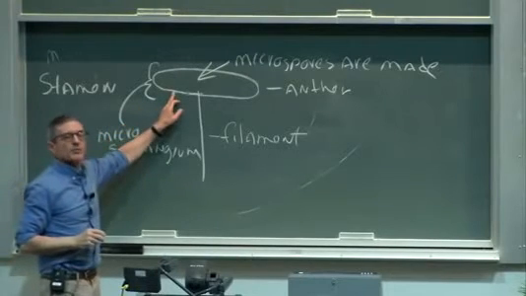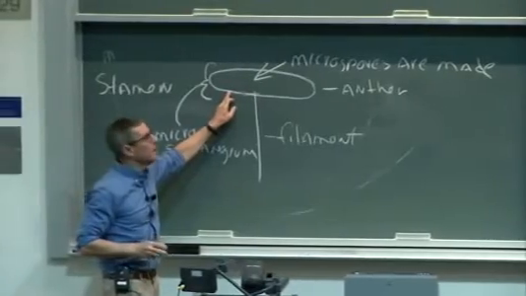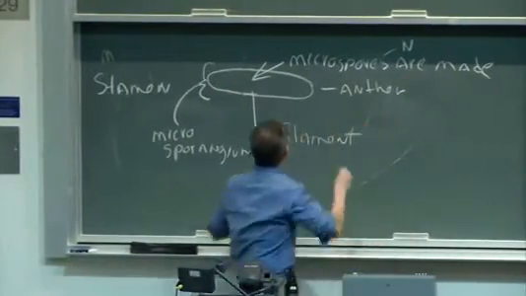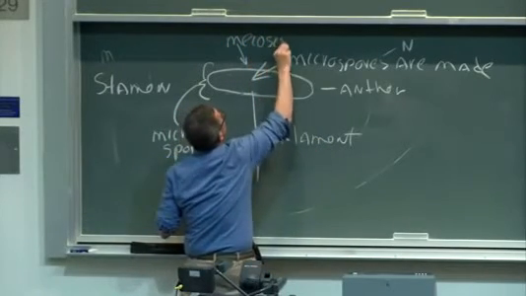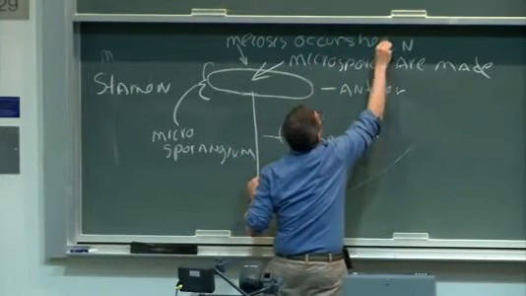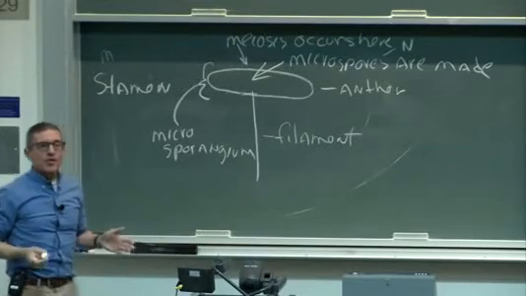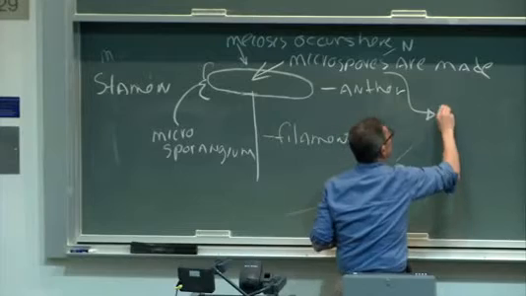So the anther is really a sporangium, and inside of that, microspores are made. These microspores are N, so meiosis occurs here inside the anther. As with the gymnosperms, the microspores become the pollen.